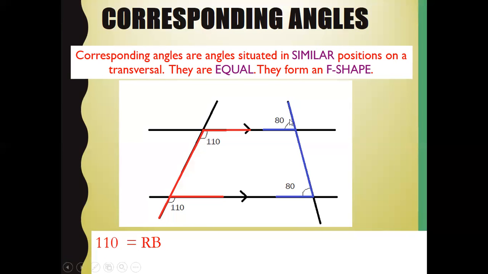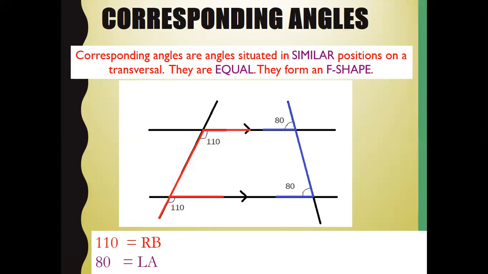So that is LA, not Los Angeles, but LA. So this is 80, and if you check this angle here also, it's on the left of this transversal and it's above this parallel line. So we say that these two angles are corresponding. So 80 is LA, left above.